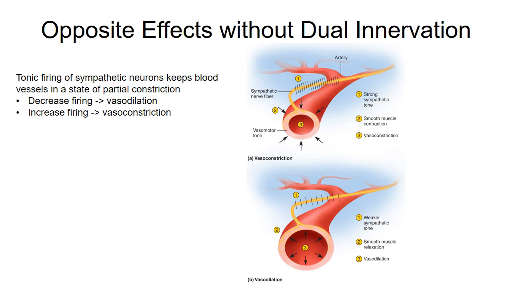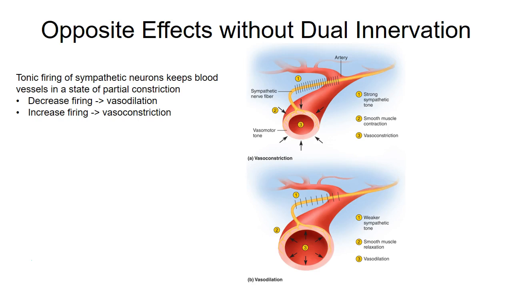It has tonic firing to make sure that there's some tone, some small constriction of smooth muscle in the walls of the blood vessels. If that firing rate decreases, what happens to that constriction? It goes less, which means that the blood vessels get larger. They dilate.